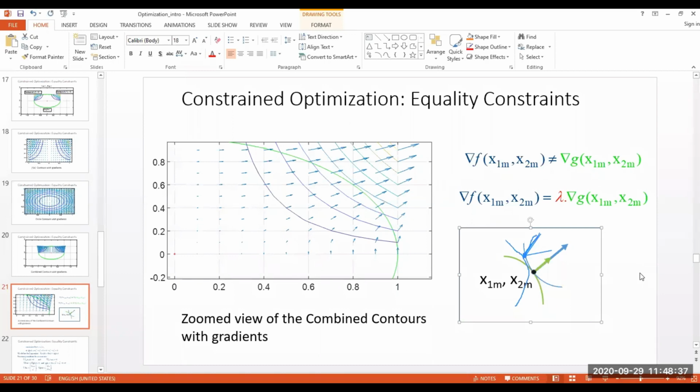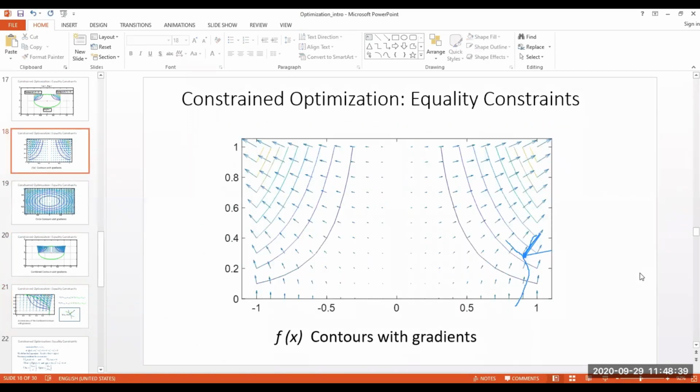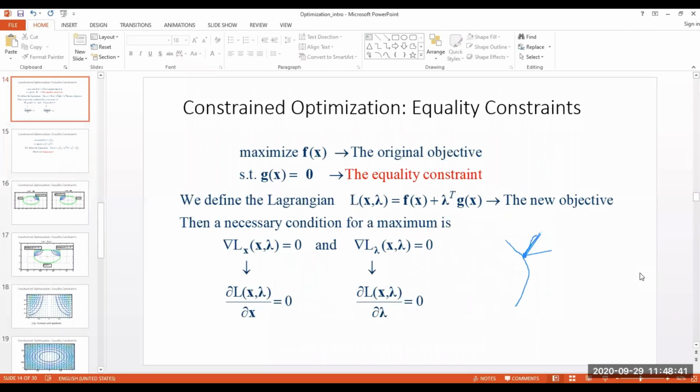Let me go to the expression. This condition will give you the relation between F and G, and this condition will give you another relation. Both conditions should be satisfied simultaneously.